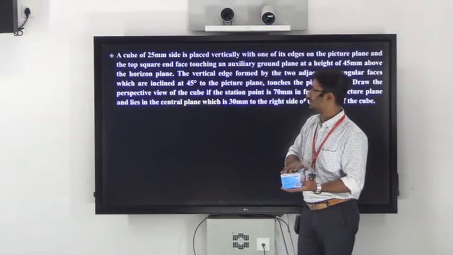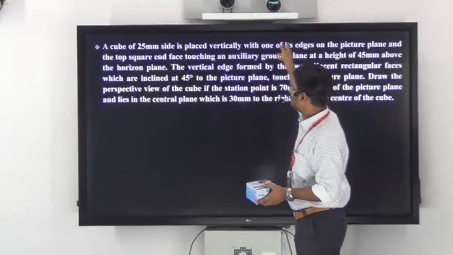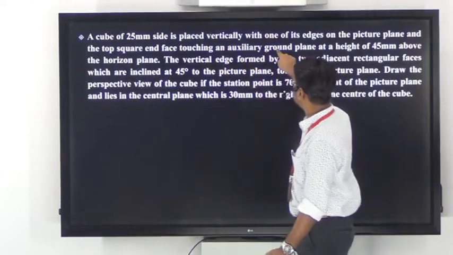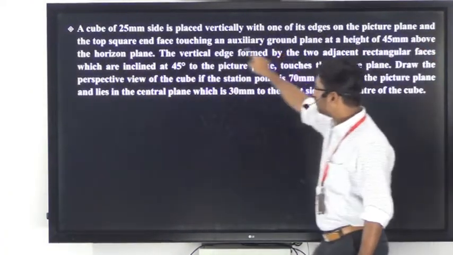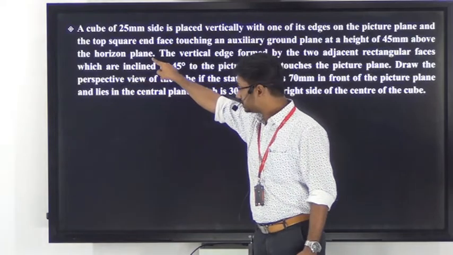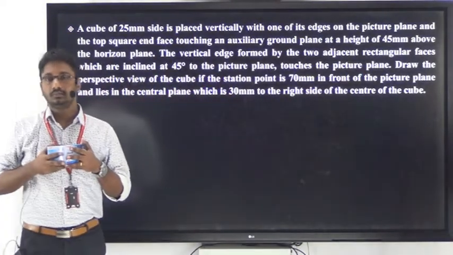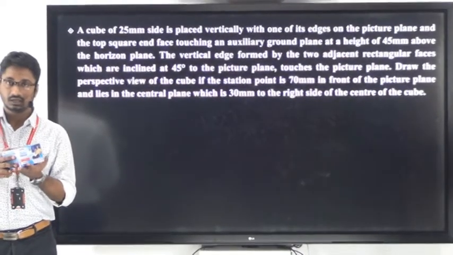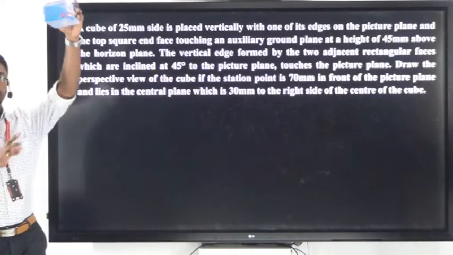Now in this case, we have a cube in which the top square end face touches an auxiliary ground plane at a height of 45 mm above the horizon plane. So in this case, the object is not placed on the ground. The object is placed in such a way that it touches the auxiliary ground plane.